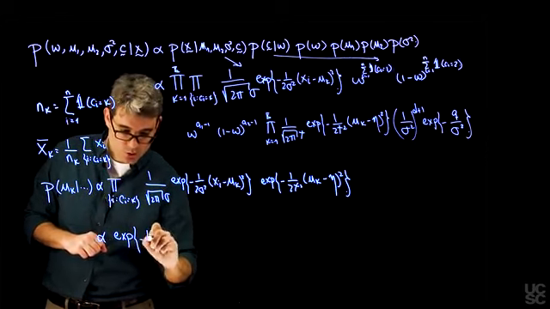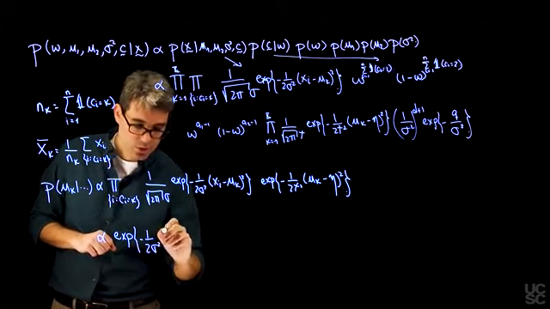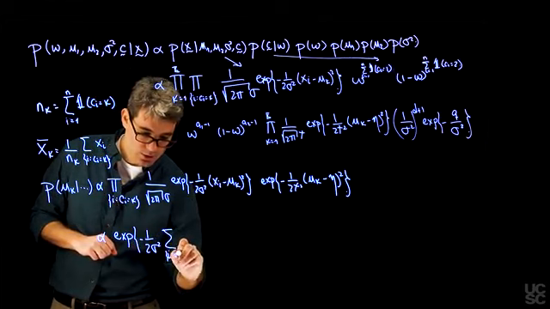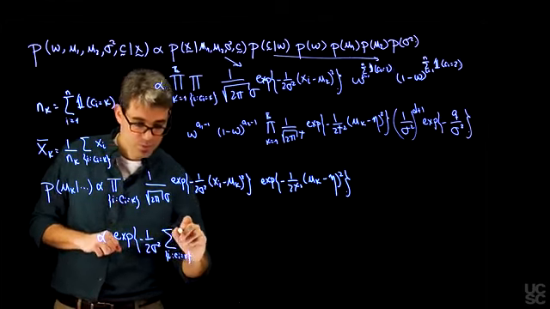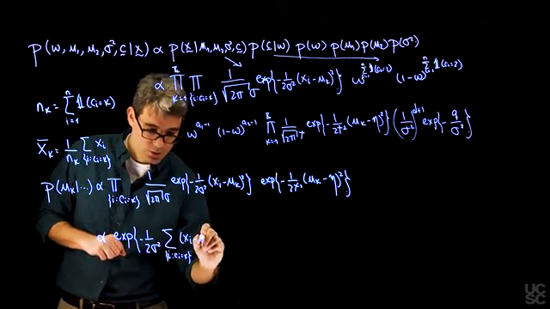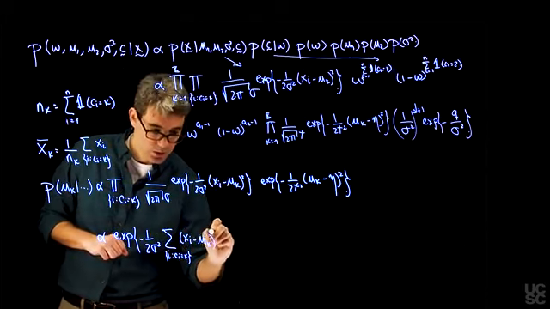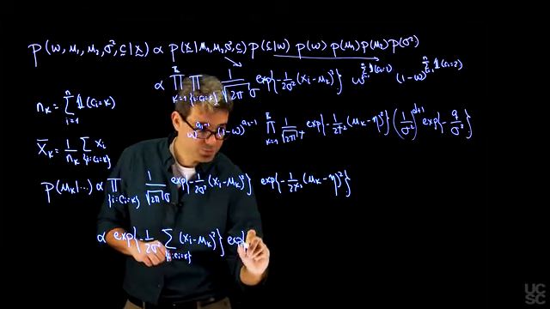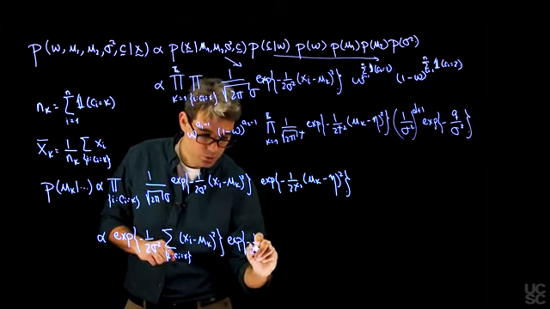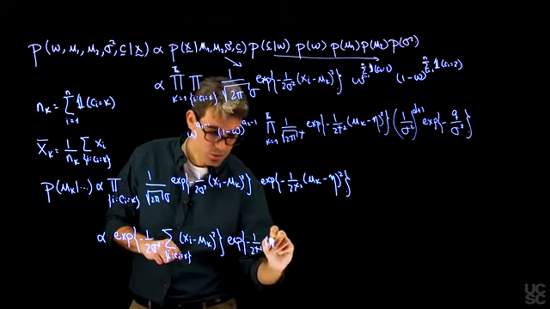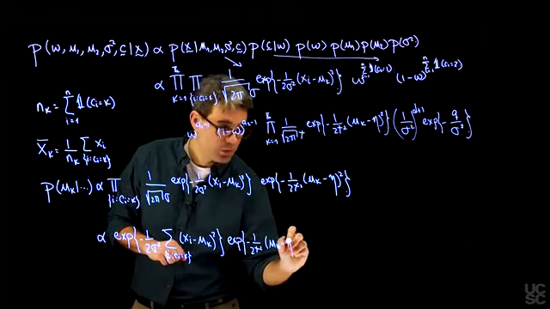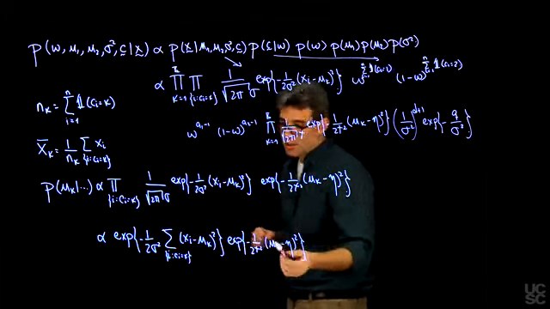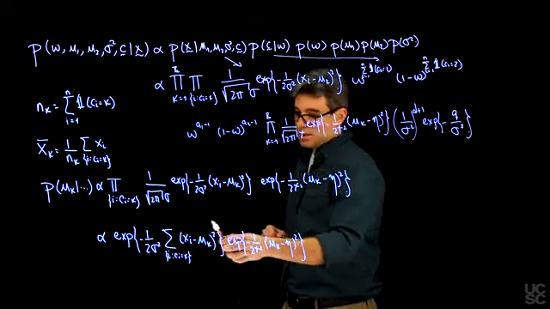So I have minus 1 over 2 sigma square sum over the i's such that c sub i is equal to k of x i minus mu k squared, multiplied by exp of minus 1 over 2 tau square mu sub k minus eta squared.